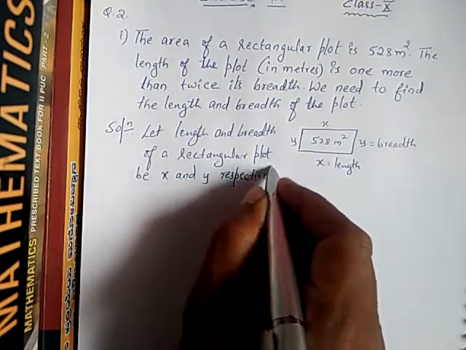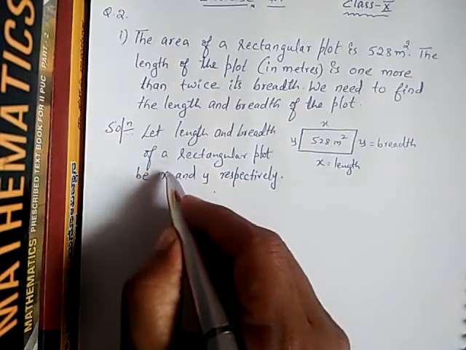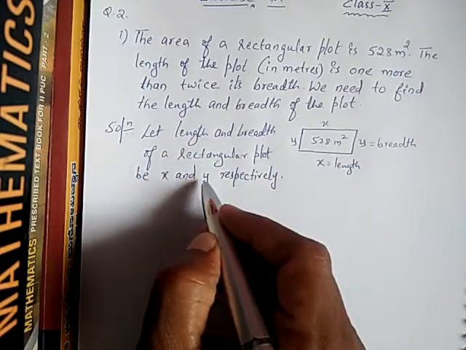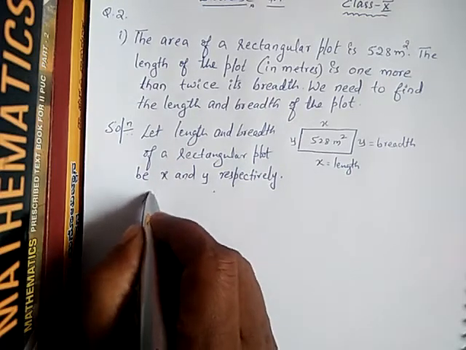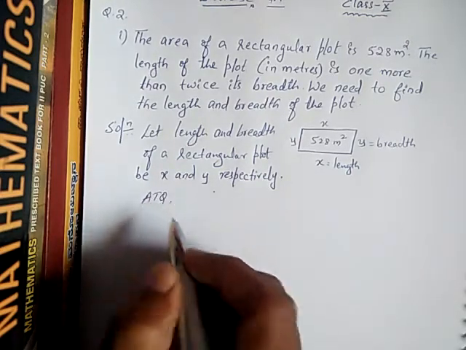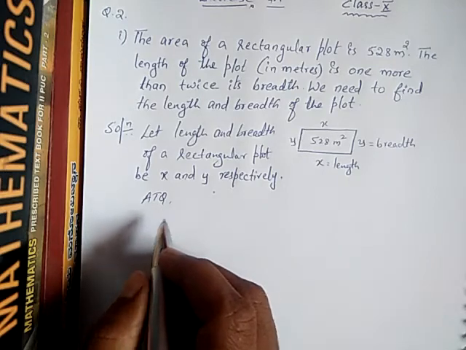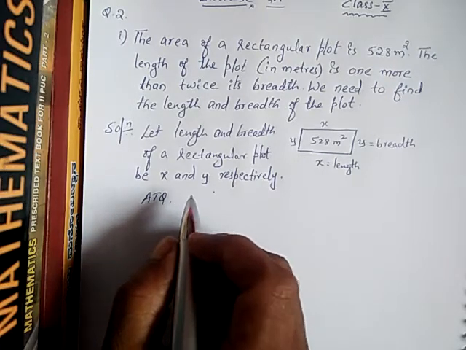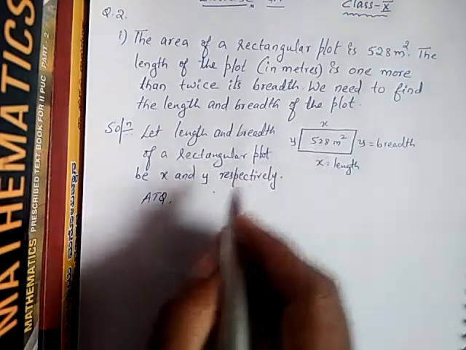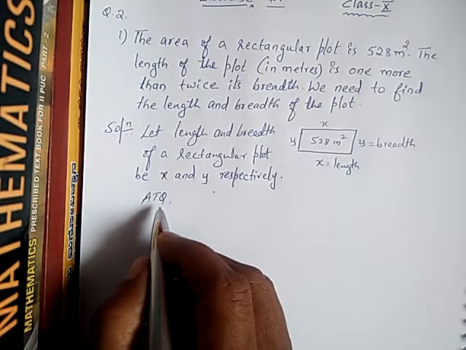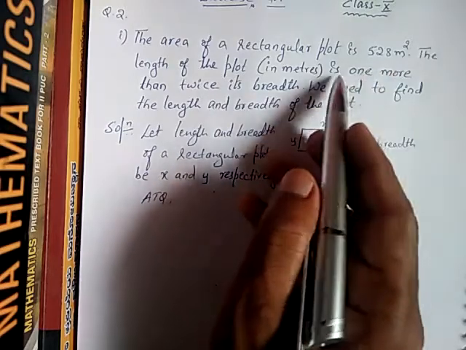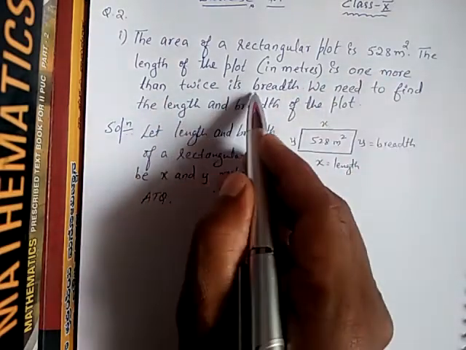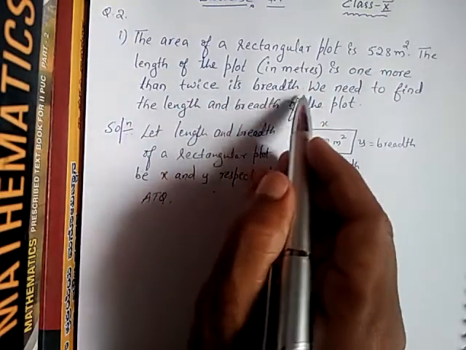Respectively means x will be the length and y will be the breadth. According to the question, what is given? The area of the rectangular plot is 528 meters square, but the length of the plot is one more than twice its breadth, meaning 2 times the breadth plus 1.